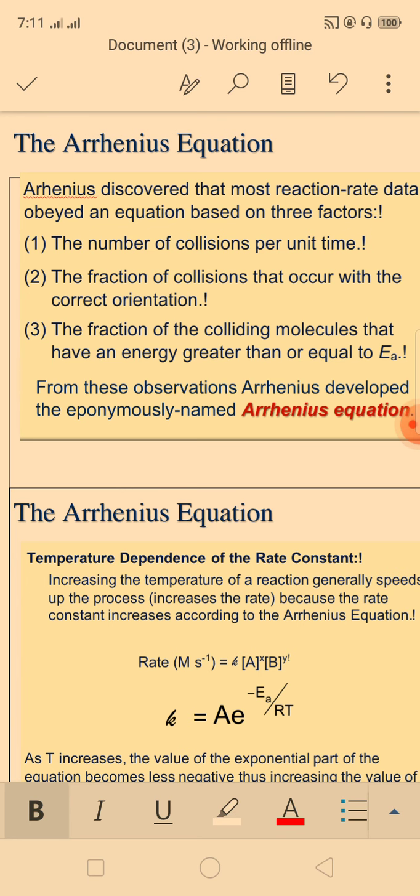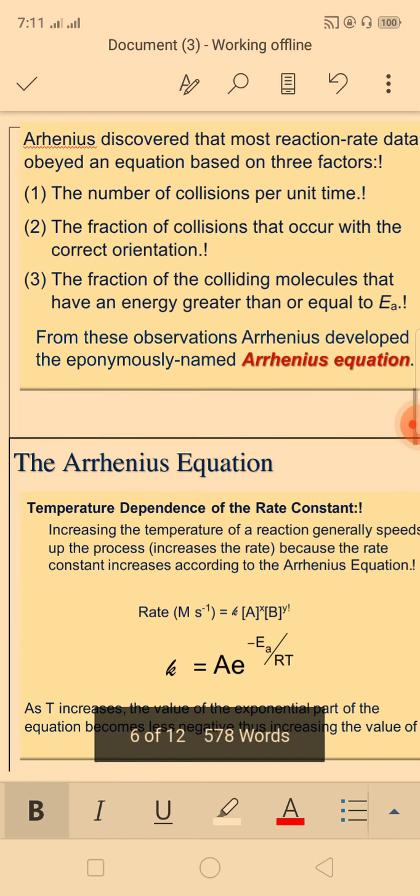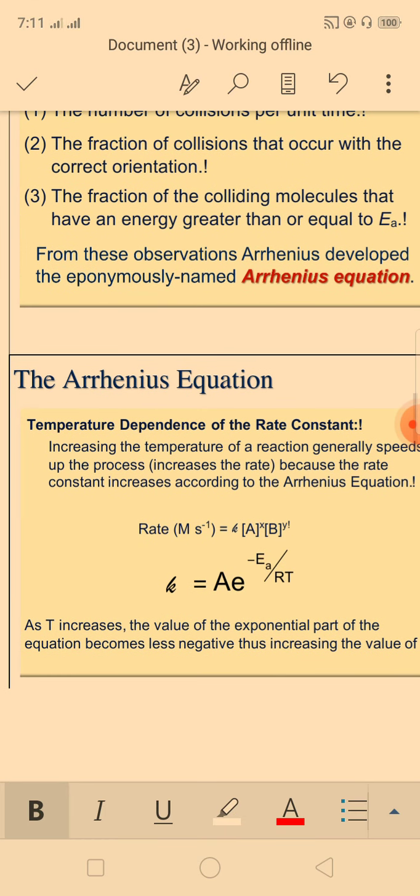This temperature dependent Arrhenius equation indicates that increasing the temperature will increase the energy of the fraction of the molecules, and when the energy of the molecules increases, the fraction of the molecules that have energy equal to the energy of activation increases.